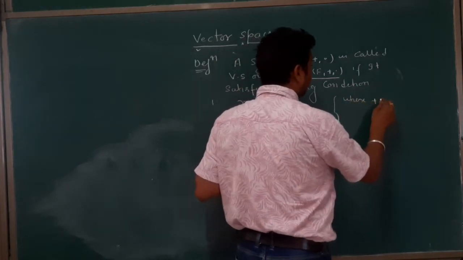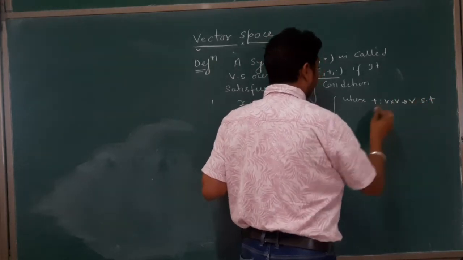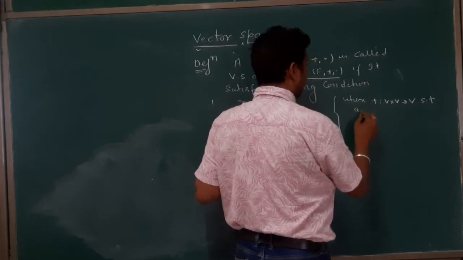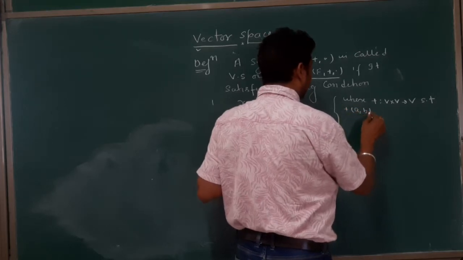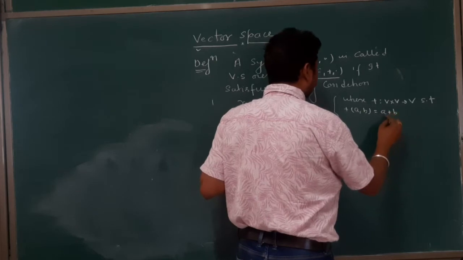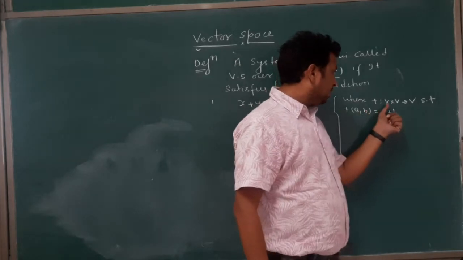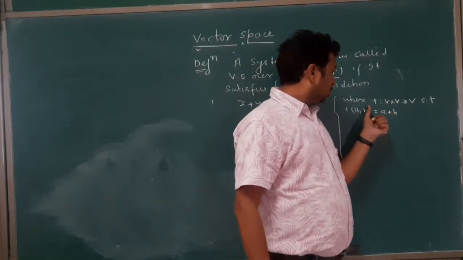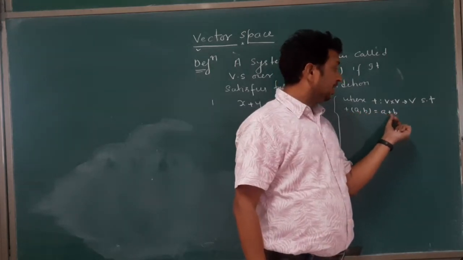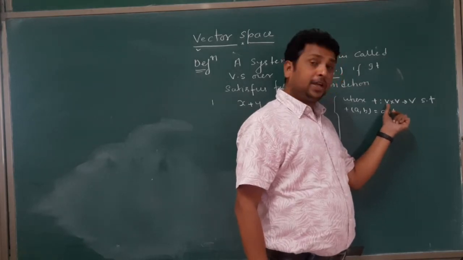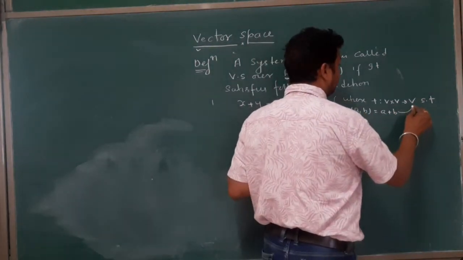Plus is an operation from V cross V to V such that when plus applies on A comma B, it will give A plus B. This is called internal because A and B are both elements of V. So the resultant A plus B also belongs to V, because the operation is defined that way.